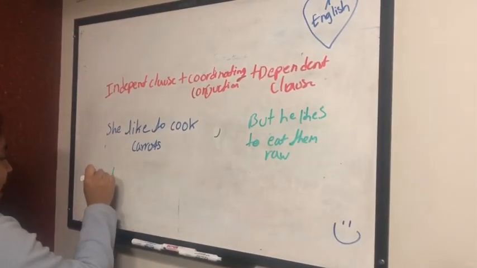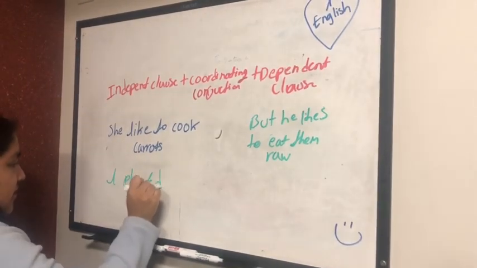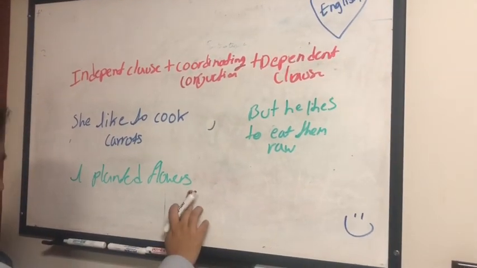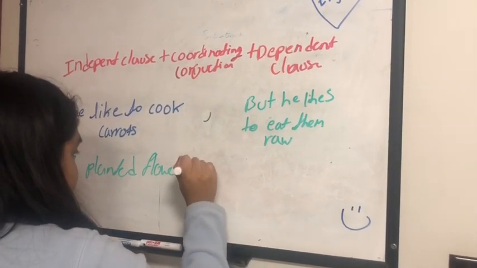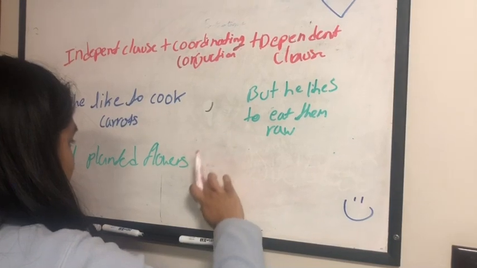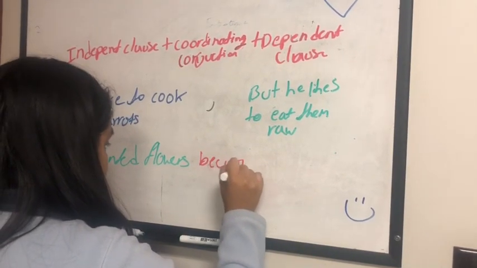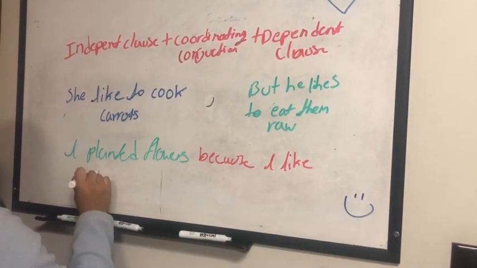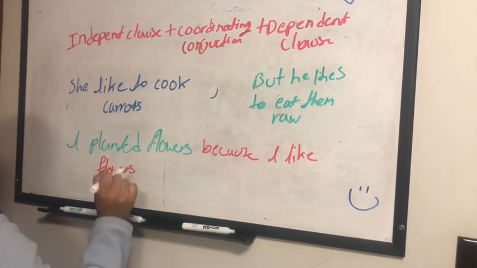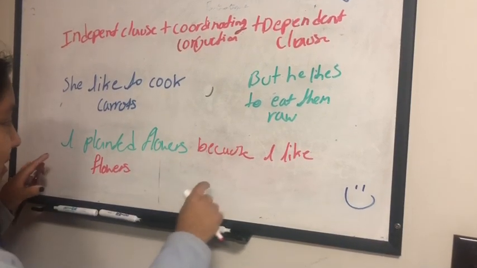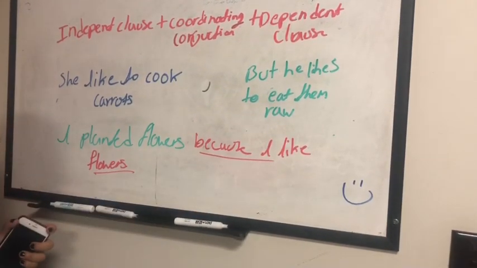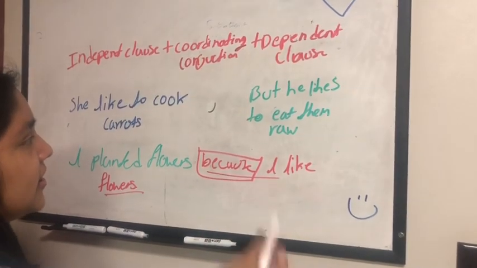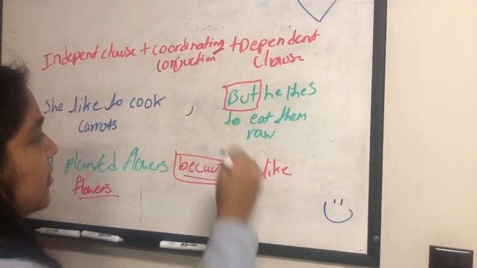Another example is I planted flowers. That's an independent clause, while because I like flowers is a dependent clause, and we join it with the word because, a conjunction.